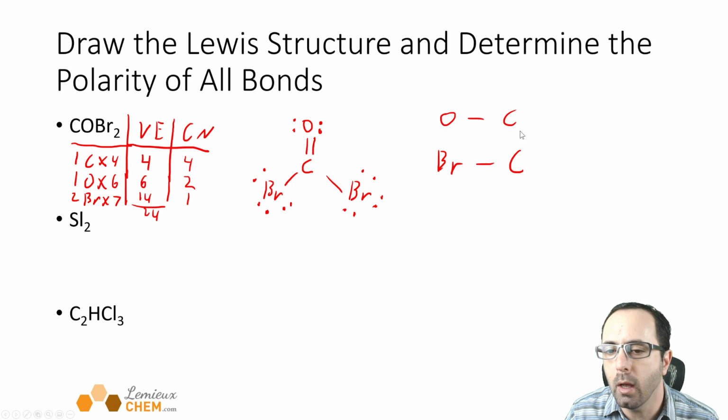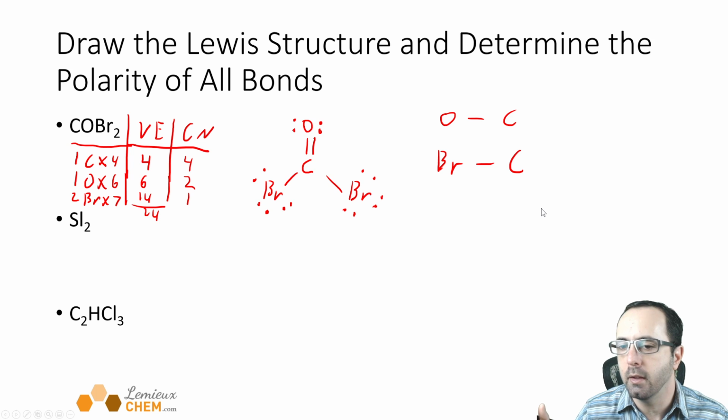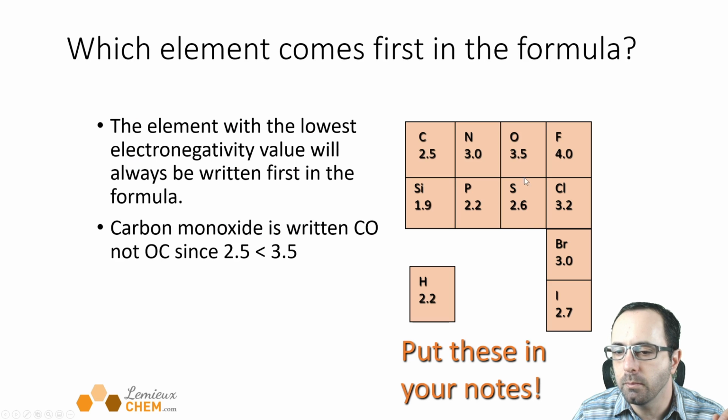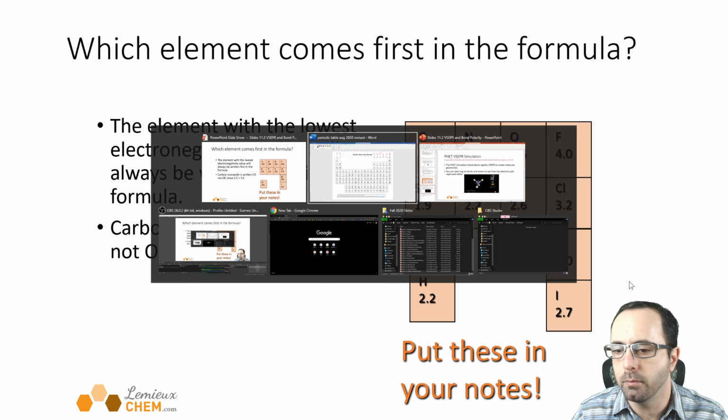All we care about is what atoms are bonded to what other atoms. Oxygen is bonded to carbon, and bromine is bonded to carbon. Now we can figure out if these bonds are polar or not. We're going to have to look at the electronegativities: oxygen, carbon, and bromine. Oxygen is 3.5, carbon is 2.5, and bromine is 3.0.